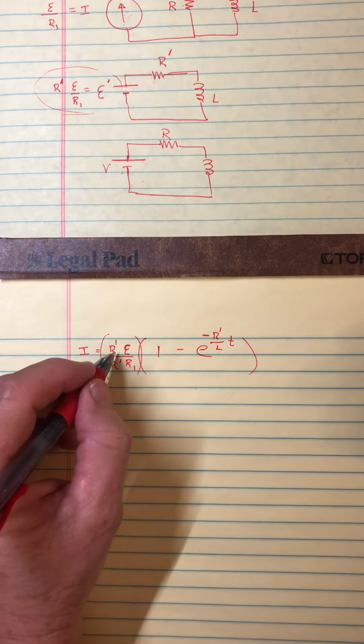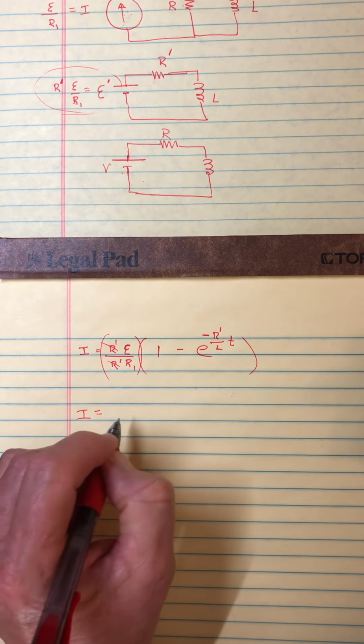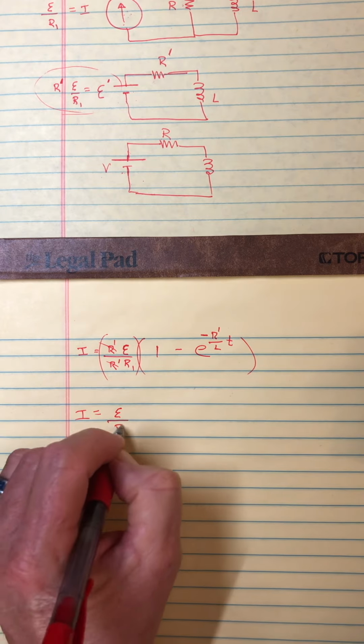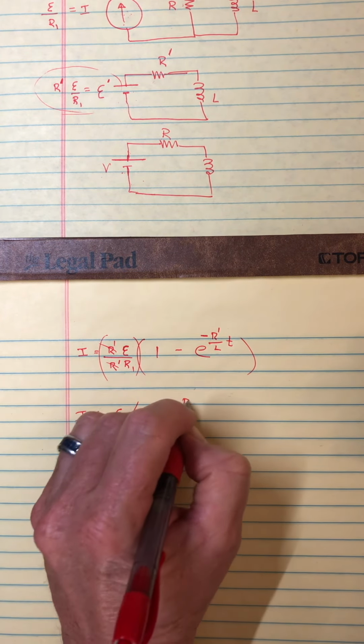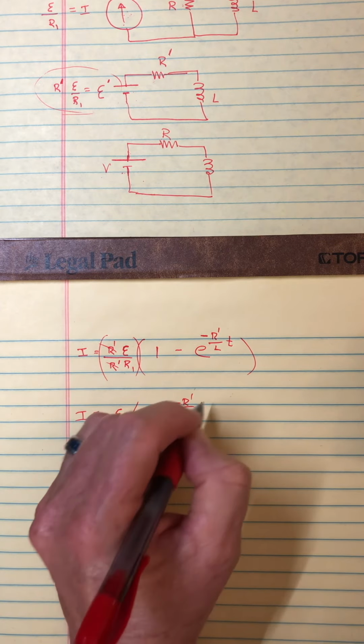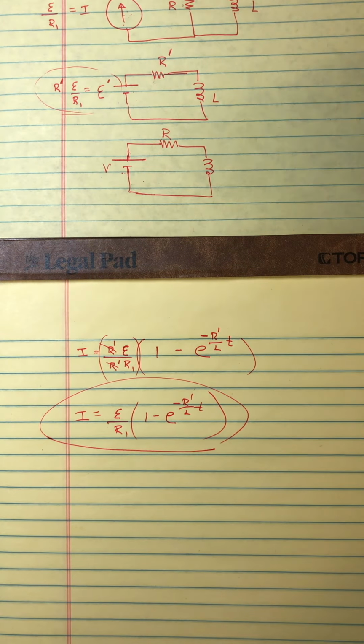The only bit of math we have to do then is to cancel those. And so we would get a current of E over R1 times (1 minus e to the minus R prime over L t). So, ta-da! We got the same answer after doing a couple of source transformations.